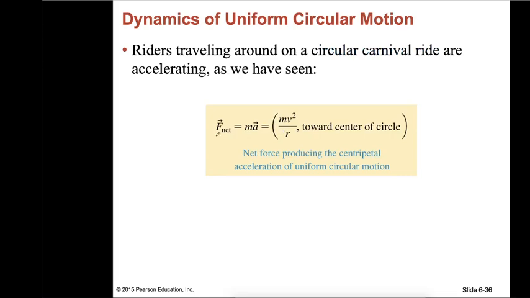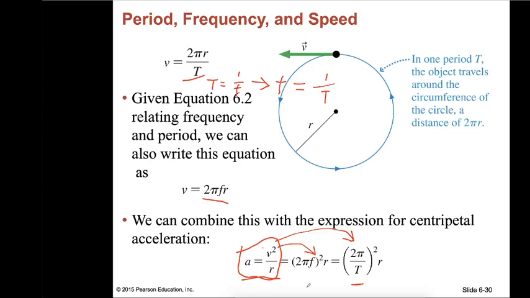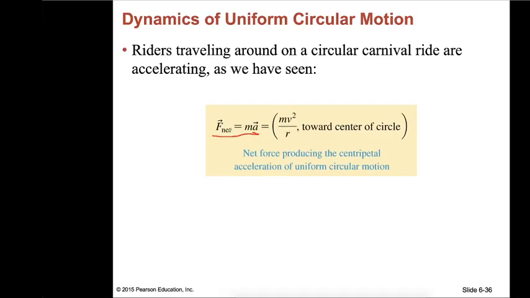This is Newton's second law, and a, due to the equation we learned before, equals v squared over r. Finally, ma equals mv squared over r, and the direction of the net force or acceleration is towards the center of the circle.